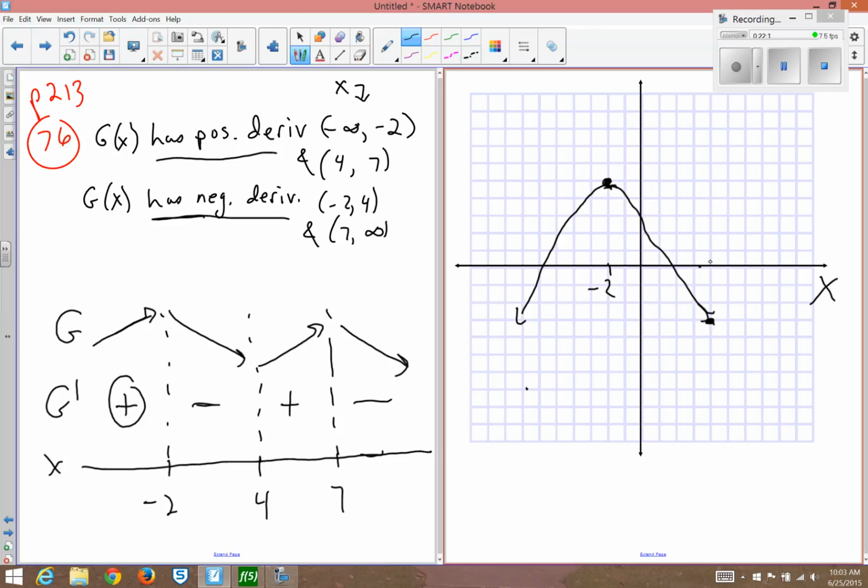And then here's 7. At 7, I'll plot this point, which has to be higher than that point because g is increasing from 4 to 7. It means from where x is 4 to where x is 7. And then after x equals 7, g is decreasing.